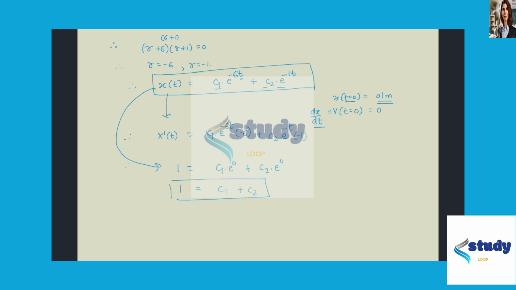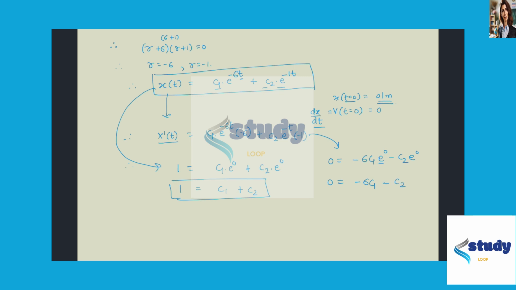And the second boundary condition: x dash of t is velocity, which is 0 at time t equals 0. So this will be minus 6 c1 e raised to 0 and minus c2 e raised to 0. So this is 0 equals minus 6 c1 minus c2, since e raised to 0 is 1.